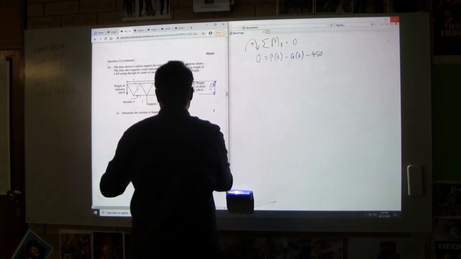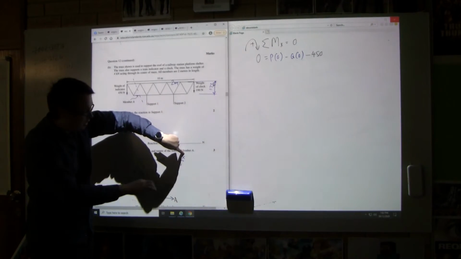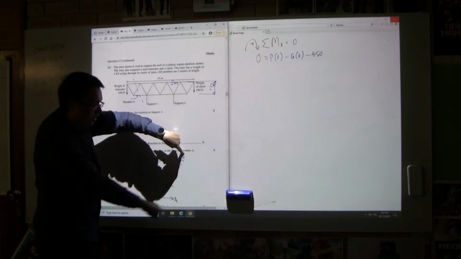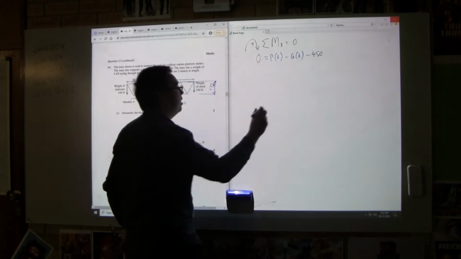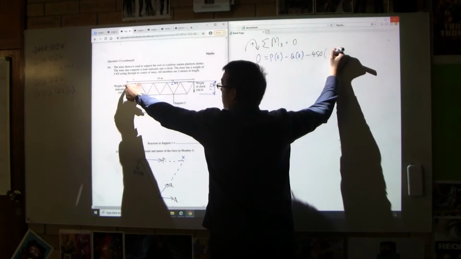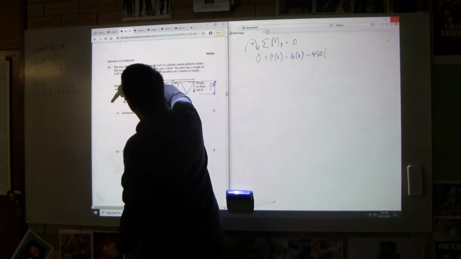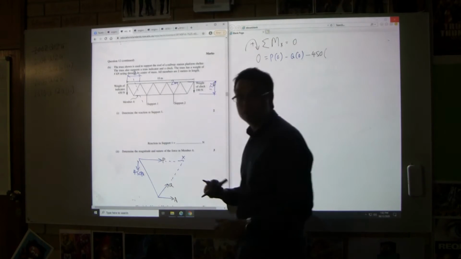And before I write my distance, I like to think, okay, I'm putting my finger on the center of my circle, X, my axis, and go anti-clockwise, so it stays negative. How far away is it from X? It is a full triangle, so it's 2 meters away.